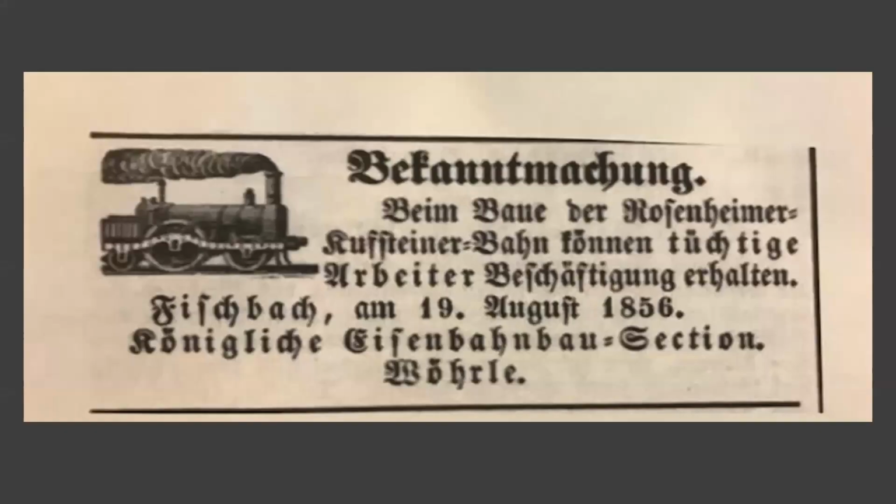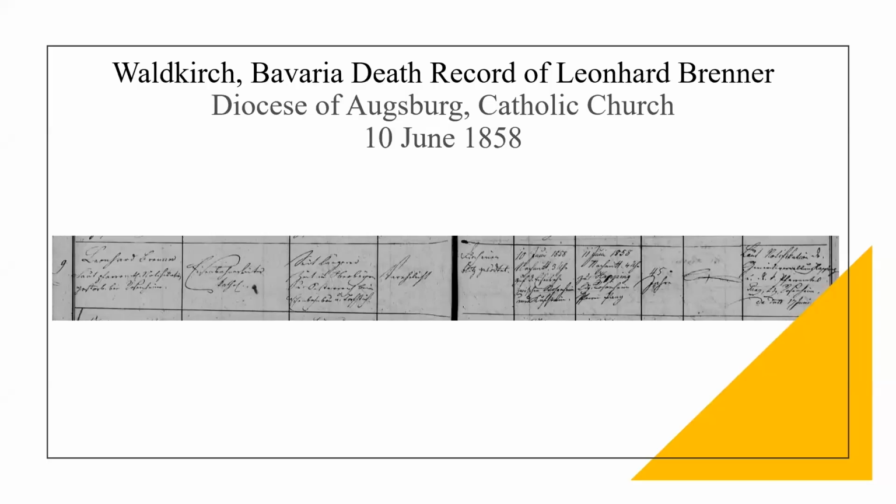In one of the local newspapers, the following notice was found, dated 19 August 1856, requesting skilled workers to help with the construction of the railroad between Rosenheim and Kufstein. The following death record for Leonhard Brenner was found in the Waldkirch, Bavaria Parish Register death records on 10 June 1858.